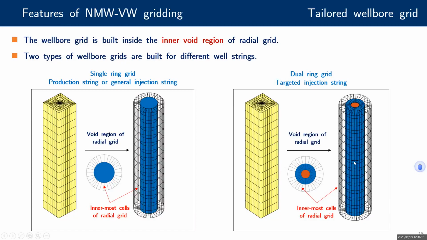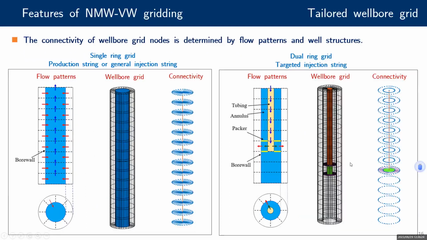Between these two tubings, we can place several packers inside to prevent axial flow in the annulus. Then we can decide the connectivity of the wellbore grid nodes by the flow patterns and well structure.